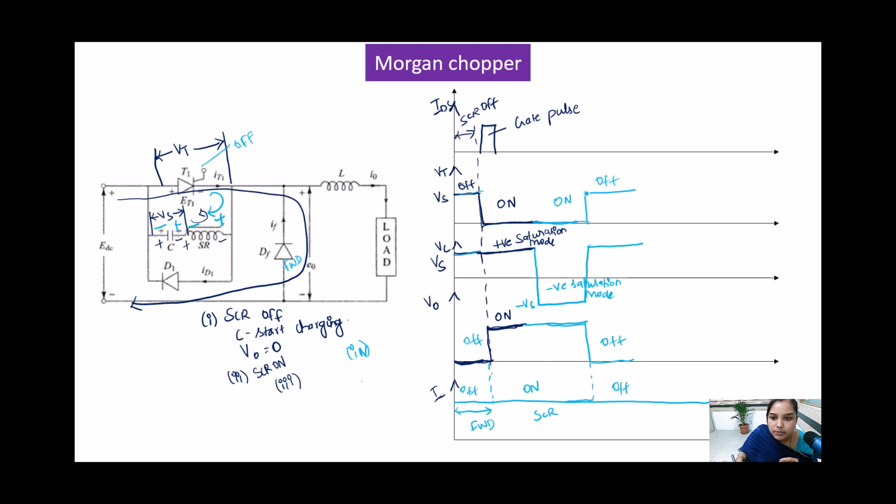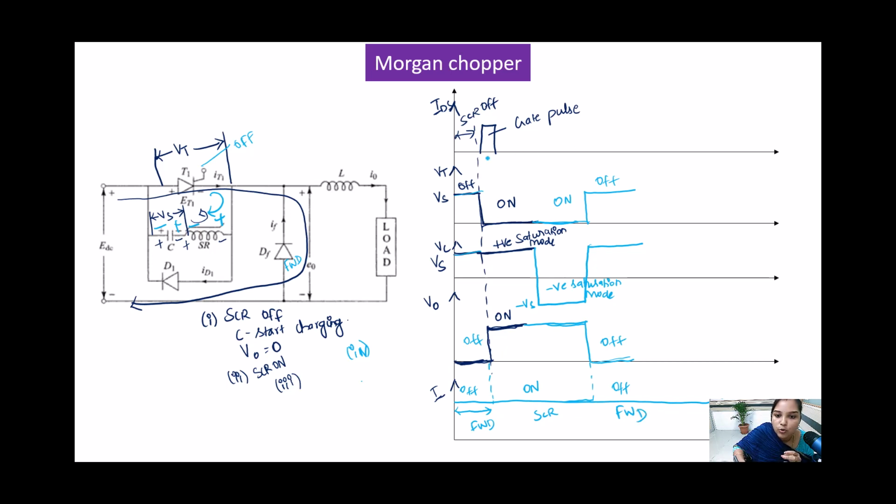And after some time, when the current in the thyristor is below the holding current, then the SCR gets switched off. So when it is off, your voltage will be 0, and again there will be a current flow because of the freewheeling diode.